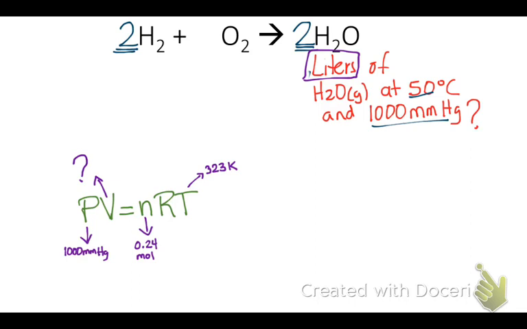And which constant should we use now? As we have the pressure in millimeters of mercury, we can do 2 things. We can either transform the pressure into atmospheres or use the constant for millimeters of mercury.